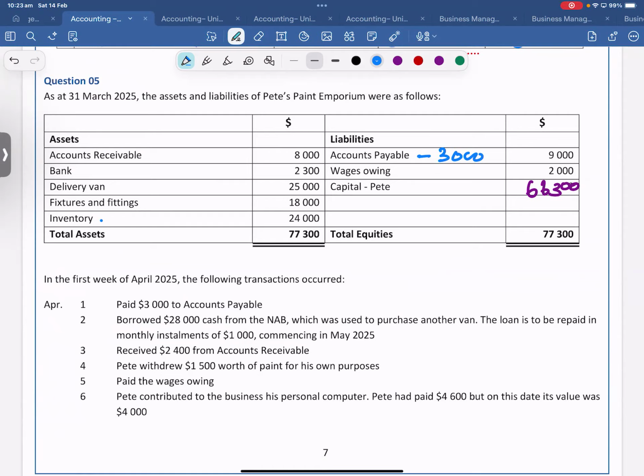Your equities with the decreases. Equity, the capital decreases. Would it decrease 3,000 both sides? Yes, 3,000 decrease accounts payable for sure. What's the other? Is decreasing.